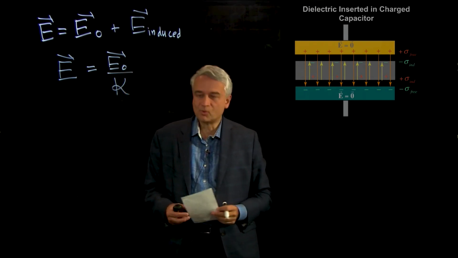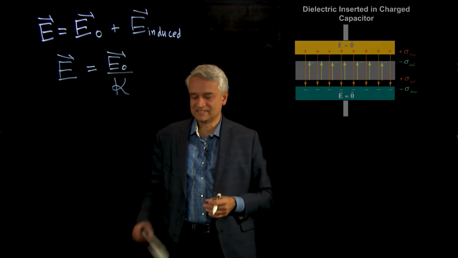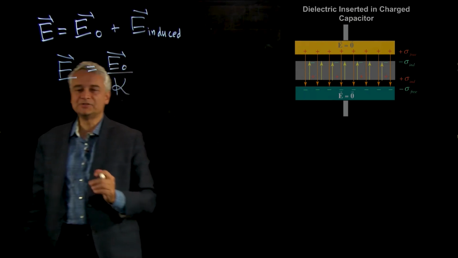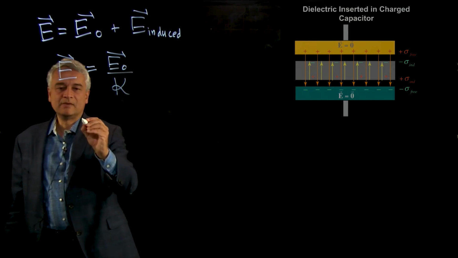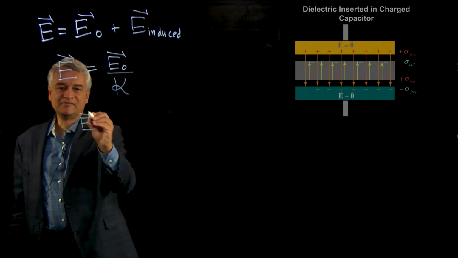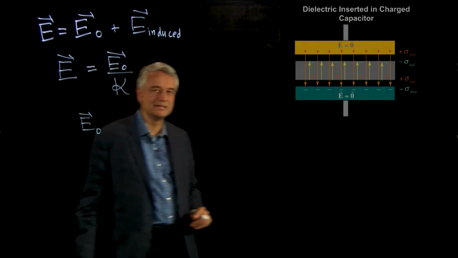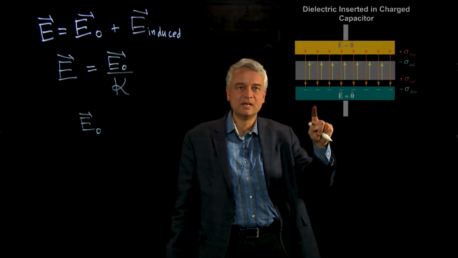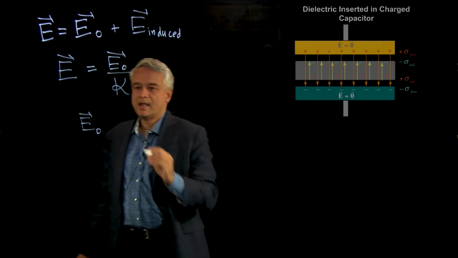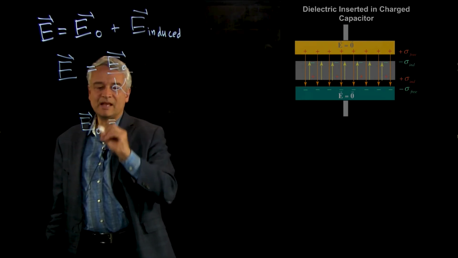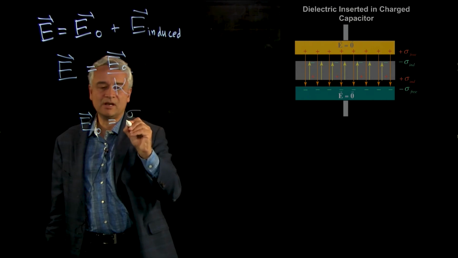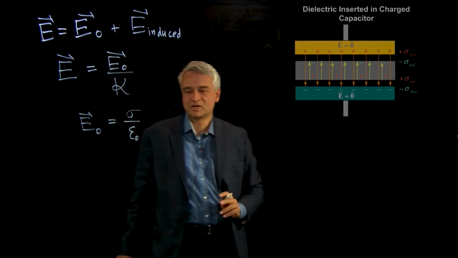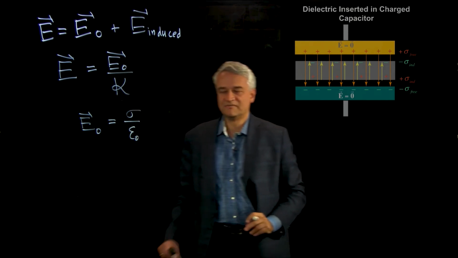Now I'm going to show you 4 more ways of seeing the same physics. So first of all, let me remind you that for parallel plate capacitors in vacuum, E naught can be related to the charge density on the 2 plates. I've got a charge density sigma here, charge density minus sigma there, and we learned previously that for parallel plate capacitors, E naught, the electric field, is sigma over epsilon naught, this constant that we initially introduced via Coulomb's law.